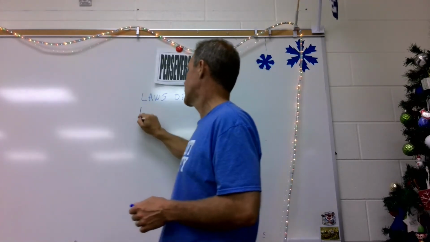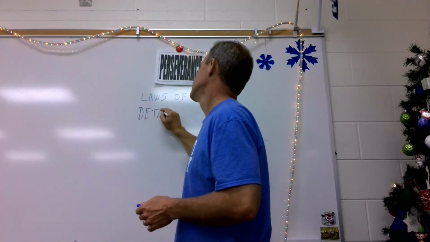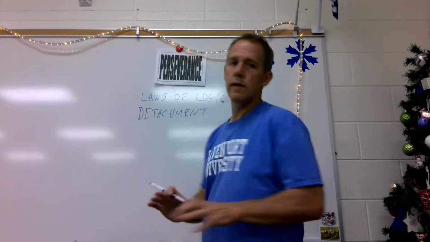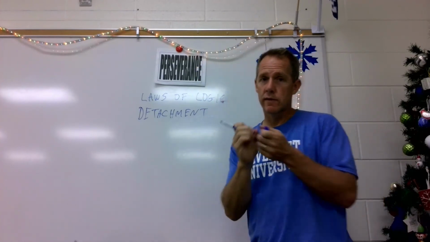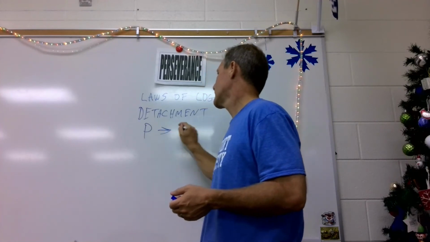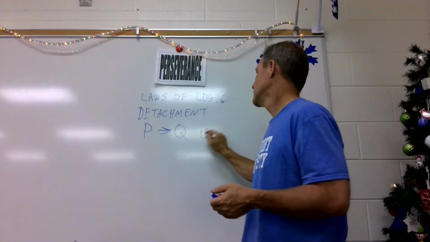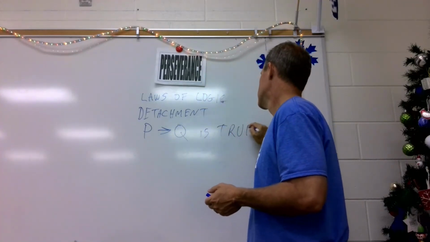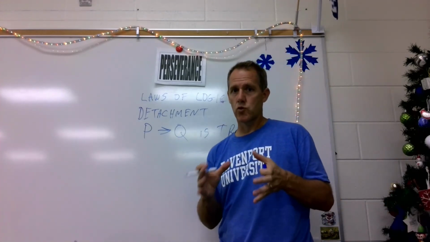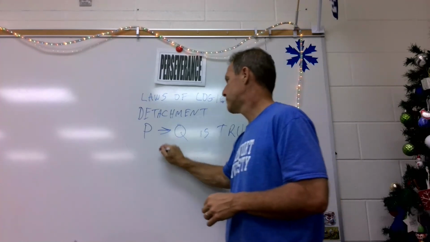One of them is called the law of attachment. The law of attachment basically says this: if P implies Q is true, okay, this has got to be a true statement, so you can't make stuff up. This has to be true.